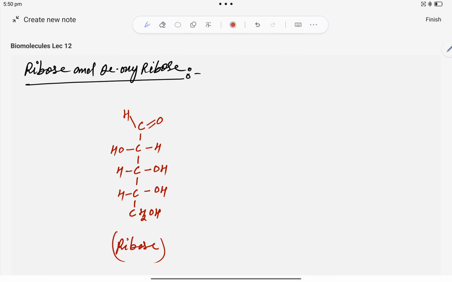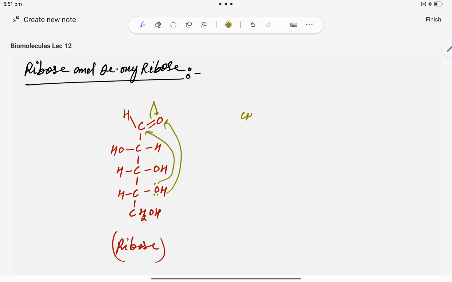Now check the beta and alpha. In that case, this oxygen lone pair will approach the carbon, these electrons shift, and this hydrogen will attach here. Now directly the cyclic structure I am going to form for the beta.